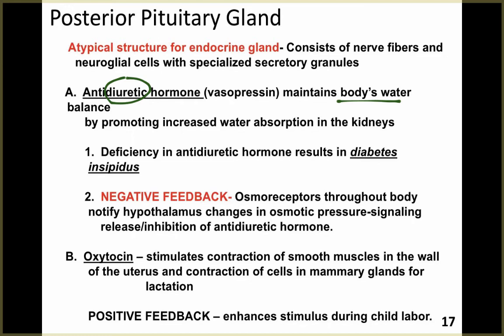There are what's known as osmoreceptors throughout the body that, whenever the amount of salt is lower than it should be, or kind of hypotonic, notify the hypothalamus to change the osmotic pressure signals to release or inhibit the amount of antidiuretic hormone.